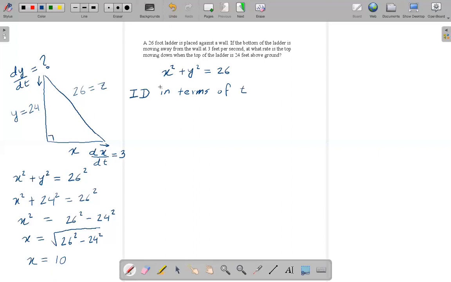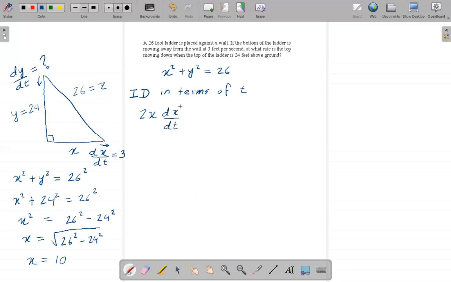Now when I take the implicit differentiation in terms of t, for this first one I have to take the derivative of this whole thing, which will be 2x, and then the derivative of the inside, which I can write as x prime or dx over dt.